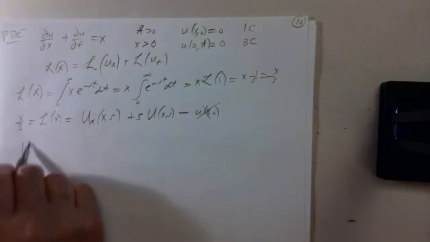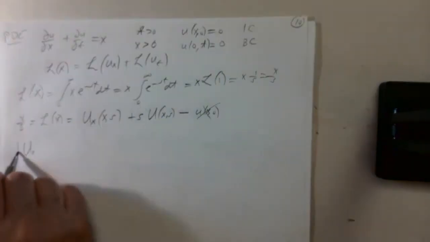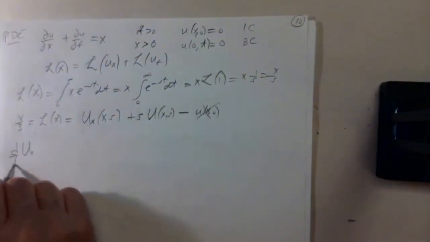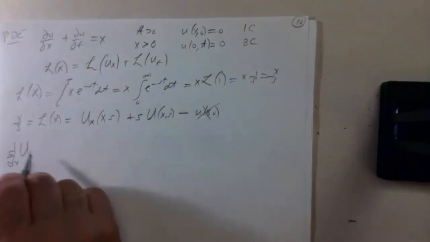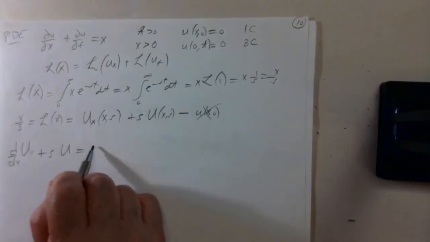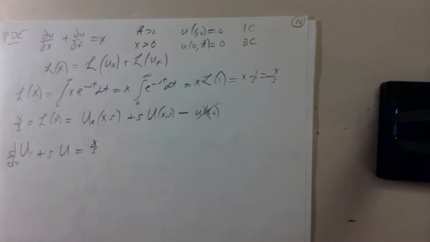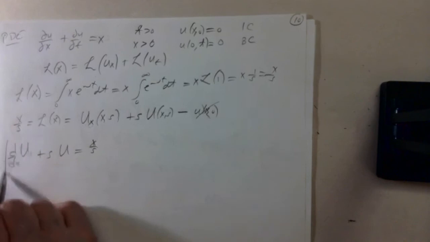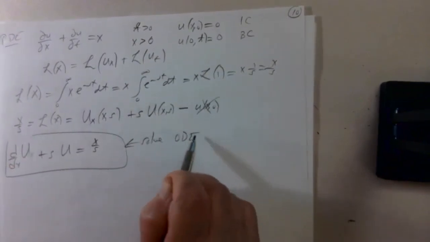This says that u sub x, or du dx, if you like, plus s u equals x over s. So we have to solve this ODE.